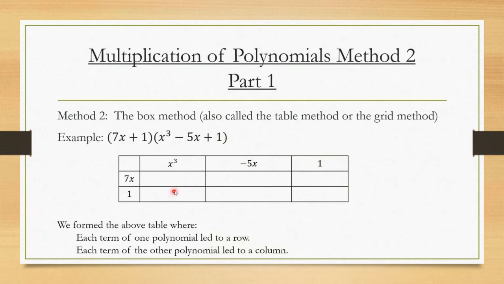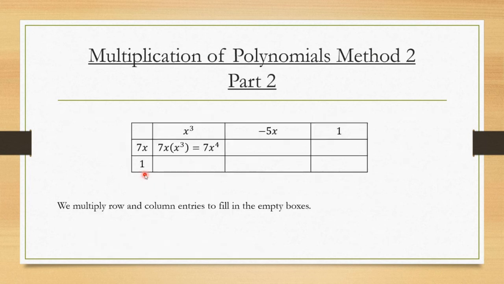But now the question is, okay, what about these empty spaces? We multiply corresponding row and column terms to fill in the blanks here. So in other words, for this one here, we're going to have 7x times x cubed. That gives us this product, which is 7x to the 4.